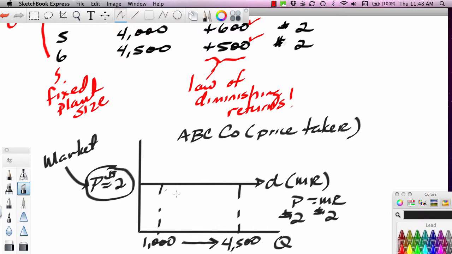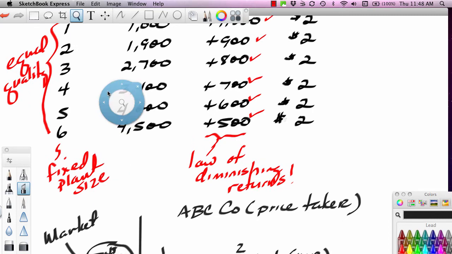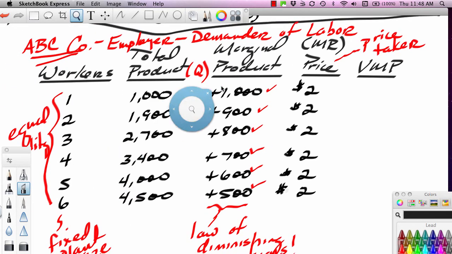Remember, the firm is very, very small when compared to the overall market. So again, the market affects the firm, but the firm does not affect the market. That's why we see in this table that the price doesn't change. Whether we're producing 1,000 units or 4,500 units, the price remains at $2.